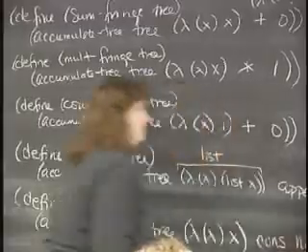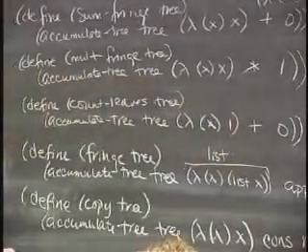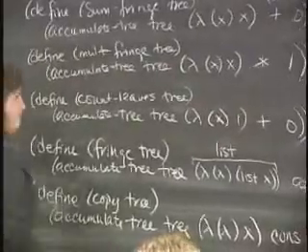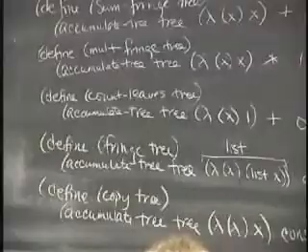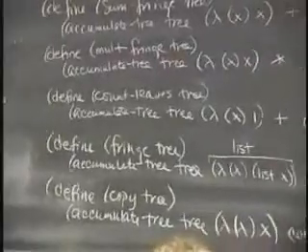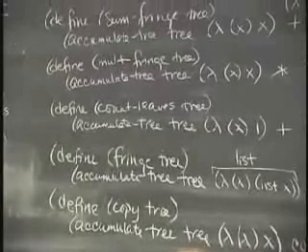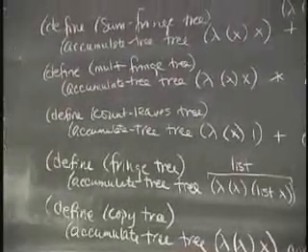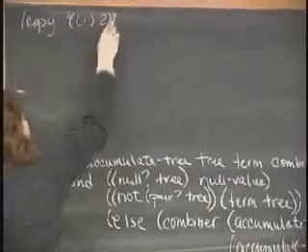Let's follow this through. Let's find some board space to follow through on. Let's keep accumulate tree since we're currently using it. All right, so we're going to copy a tree. Let's copy something small and happy: 1, 2.